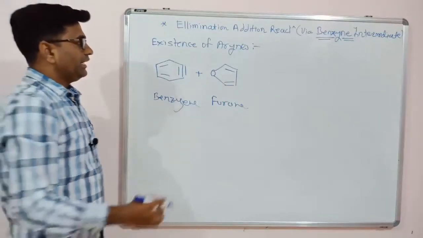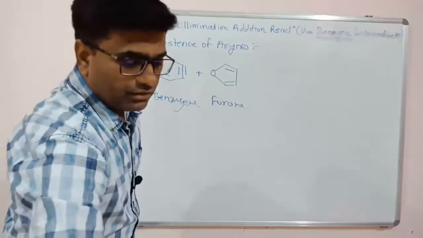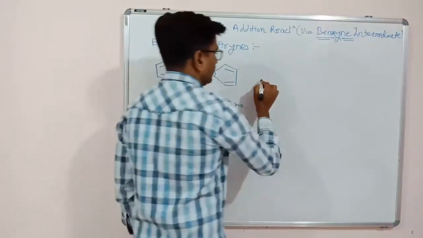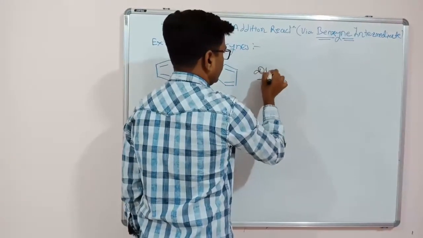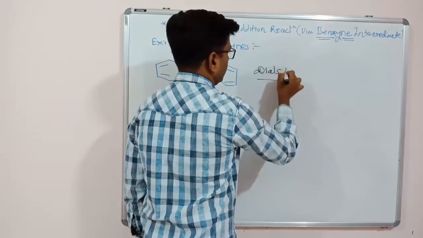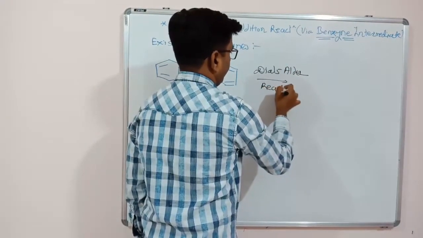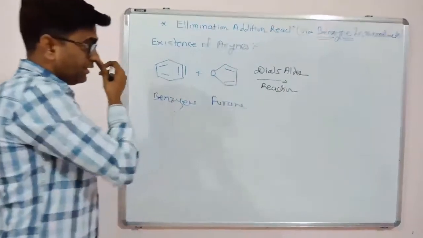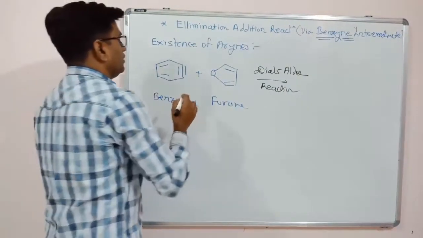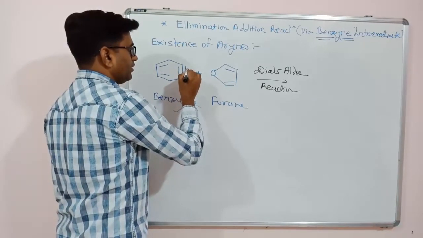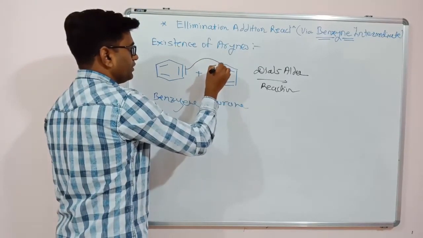So what will happen in the reaction? There will be a Diels-Alder reaction. Carefully, this pi bond donates to this carbon.